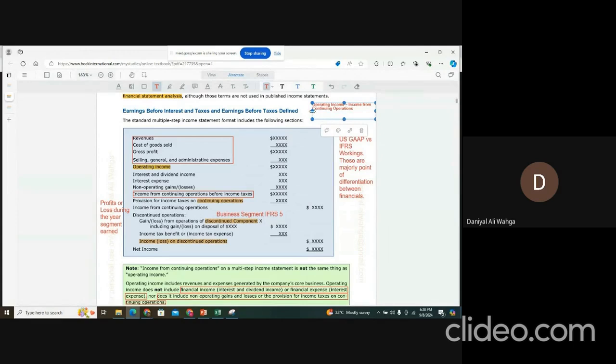There is no interest and dividend income. You need to see these things very deeply. In the case I've been explaining to you, let me place it as a case where my operating income equals my income from continuing operations.